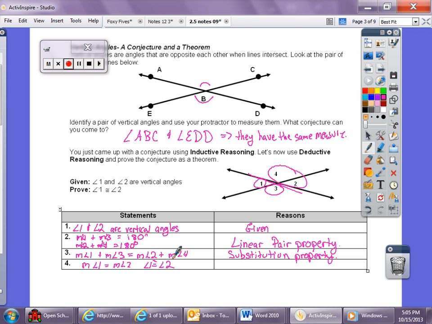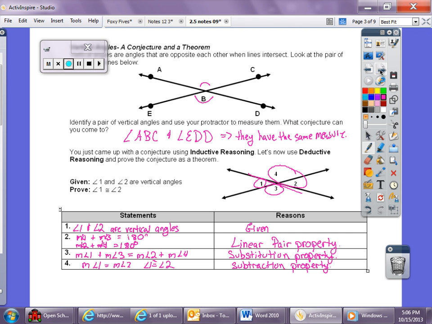That's our subtraction property. And that's how we come up with our theorem that vertical angles are congruent. So if angle 1 and angle 2 are vertical, their measures are going to be the same.